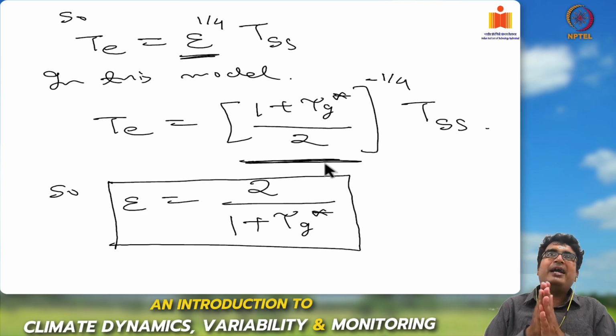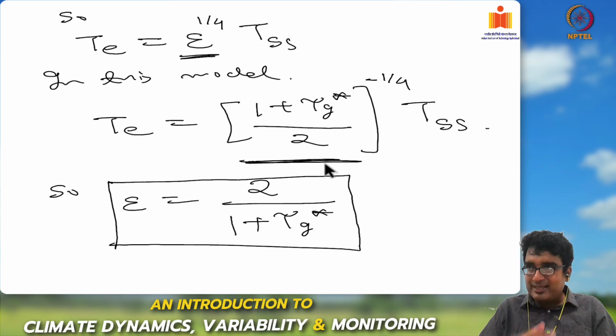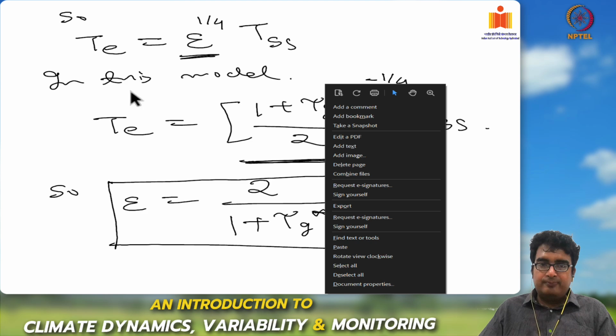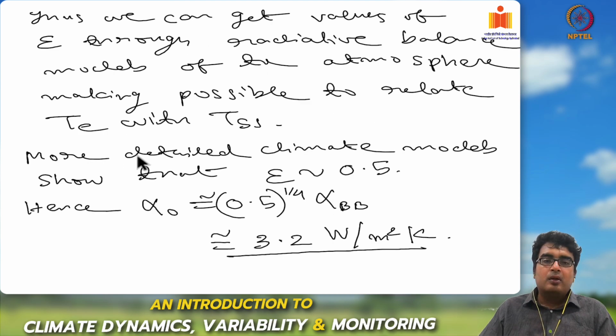So now you can find the optical depth of the atmosphere for various greenhouse gases, add them together to get the actual optical depth, and hence get the emittance value. Thus, we can get the values of epsilon through radiative balance models of the atmosphere, making it possible to relate TE with TSS.